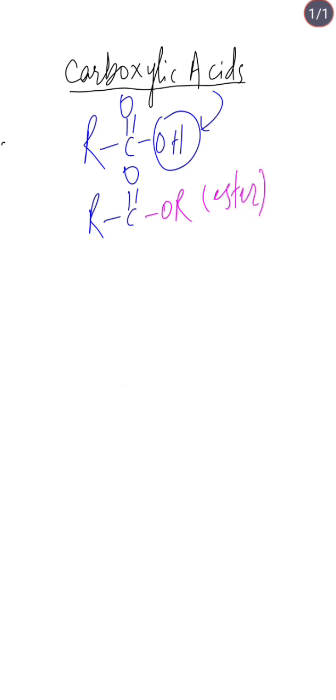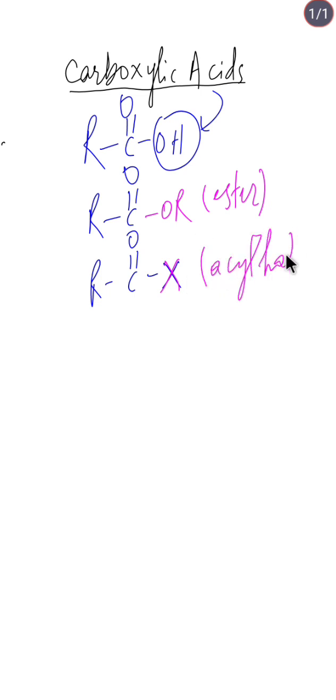And if this RC double bond O, if this OH is replaced by X, some halogen, then this will be called acyl halide. And if this RCO, OH is replaced by NH2, then the compound is called acid amide, right?